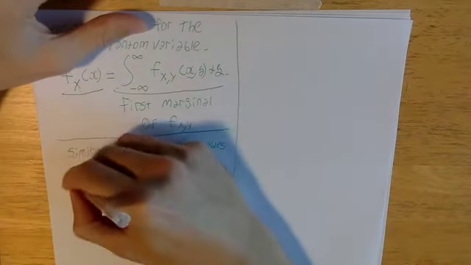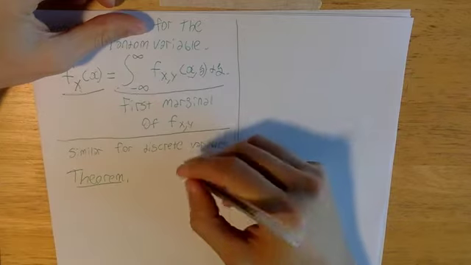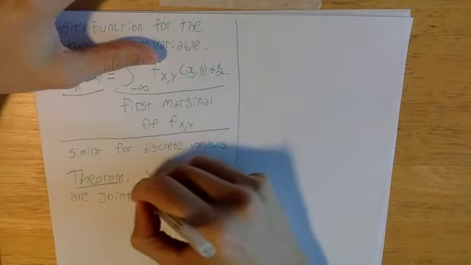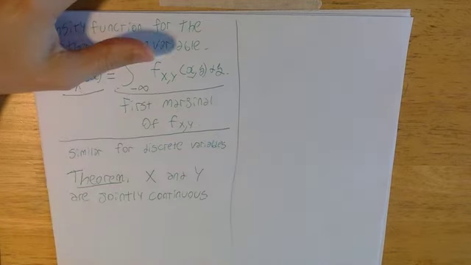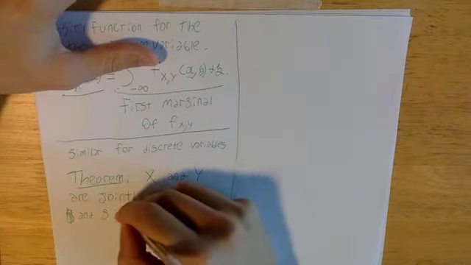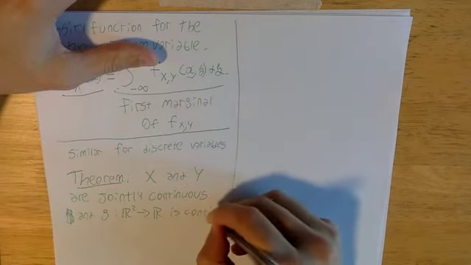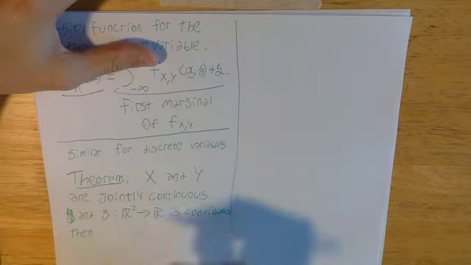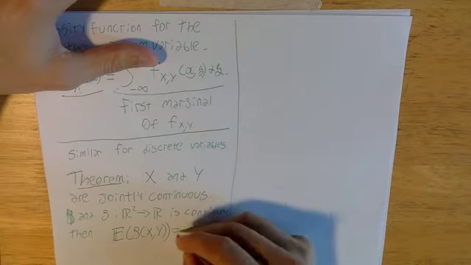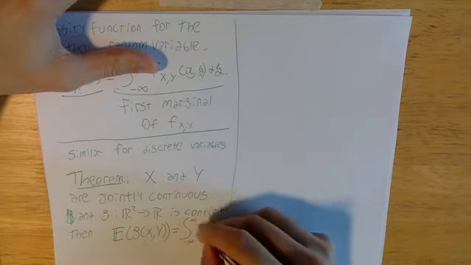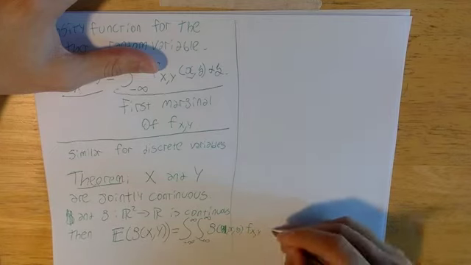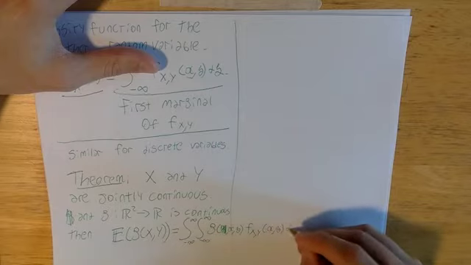For discrete variables, let's have the theorem. So let's say that X and Y are jointly continuous, and g going from R2 to R is continuous, then the expectation of the random variable g of (X,Y) is just the double integral from minus infinity to infinity of g of (x, y) times the joint density f of (X,Y) at (x, y), dx dy.